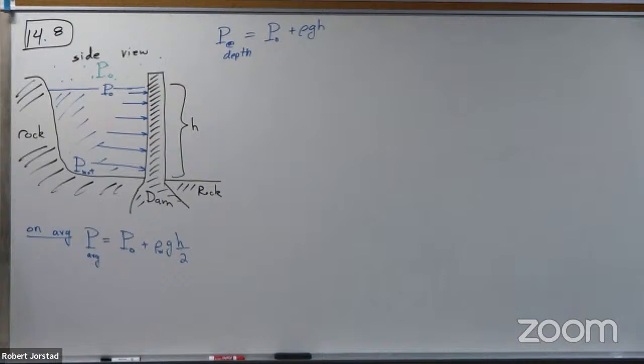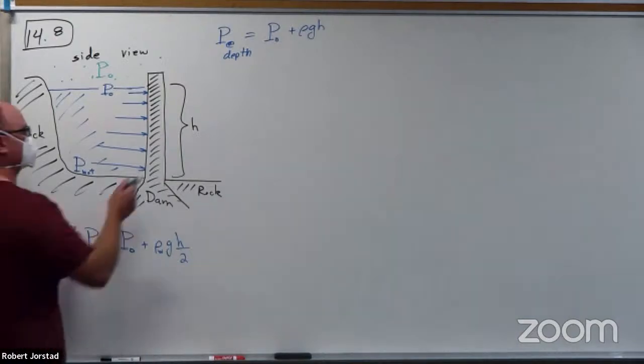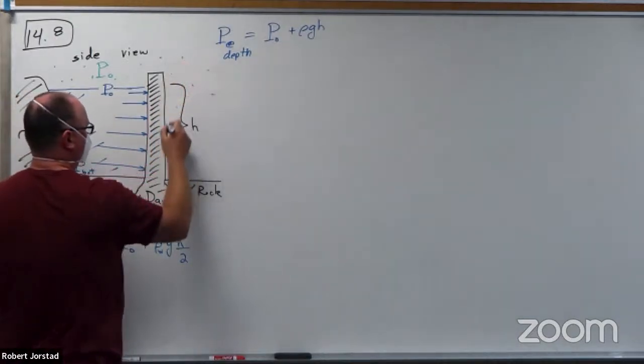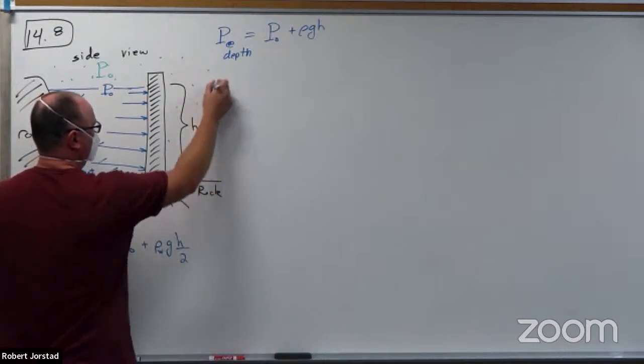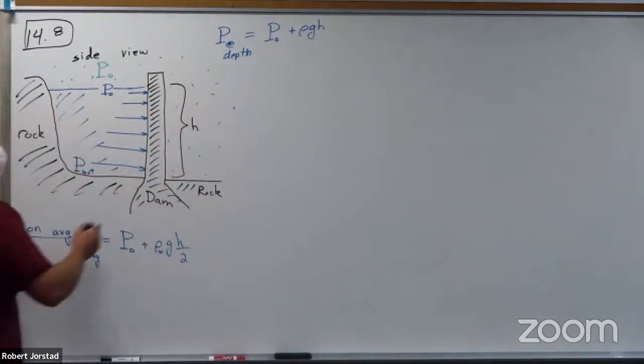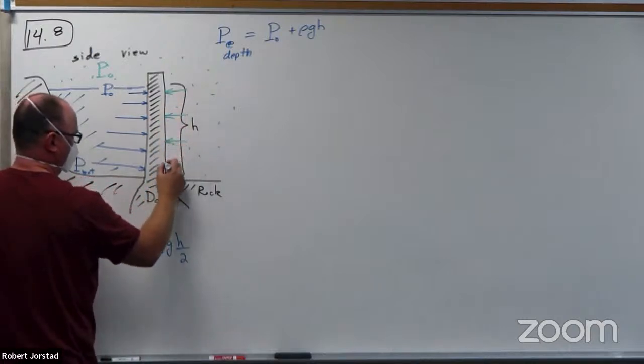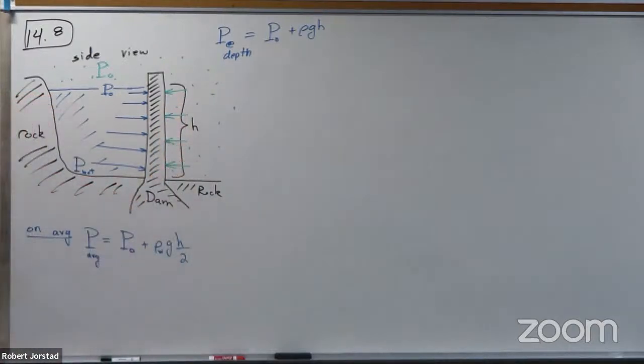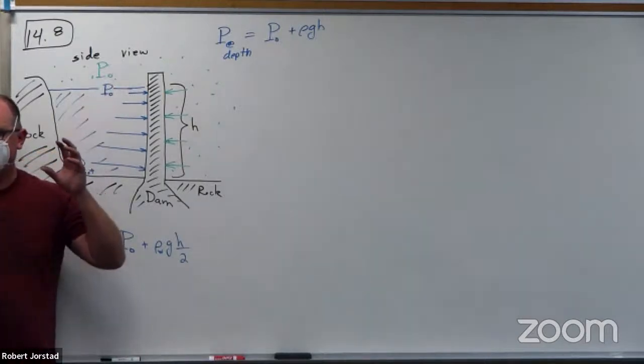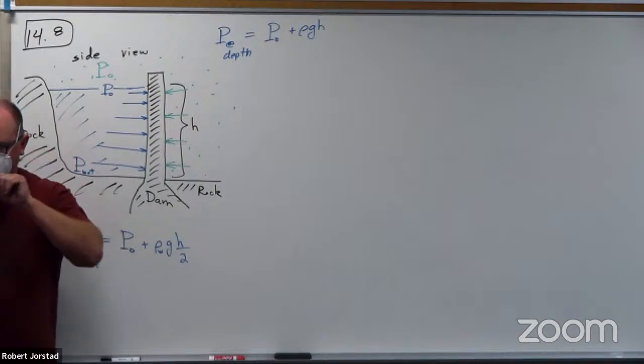Now outside, there's still air molecules over here, so there's going to be constant pressure on the other side. Now wait a minute, I thought the pressure increases with depth. Air is compressible.